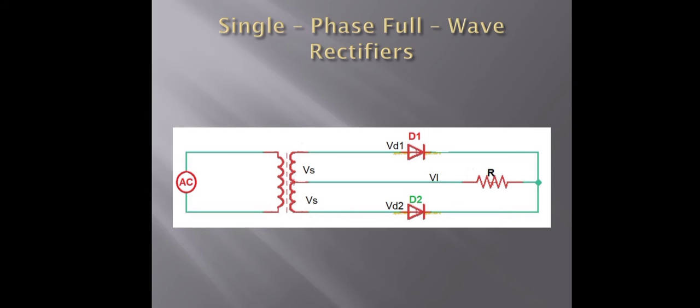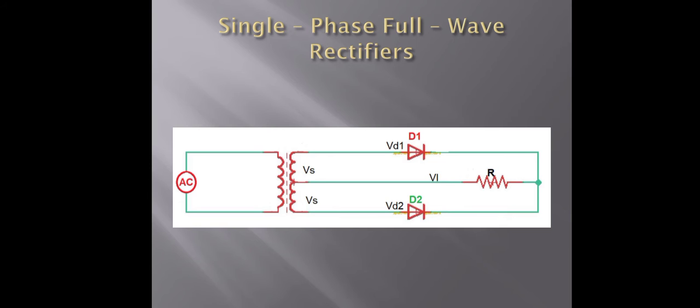In the full wave rectifier circuit, with the center of the transformer, each half of the transformer with its associated diode acts as a half wave rectifier, and the output of the full wave rectifier is as shown in the figure.